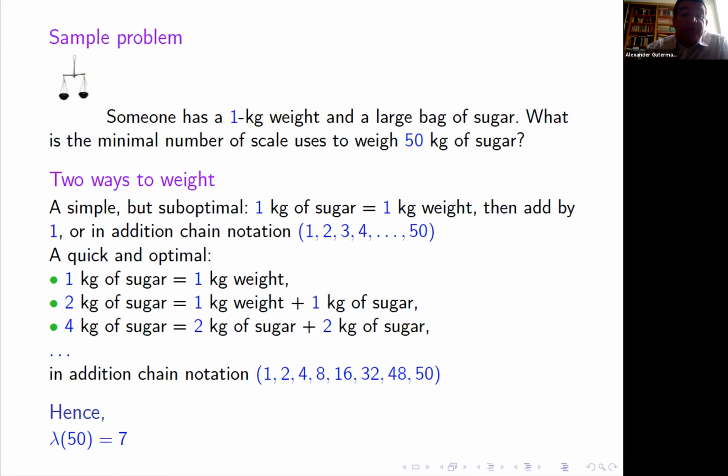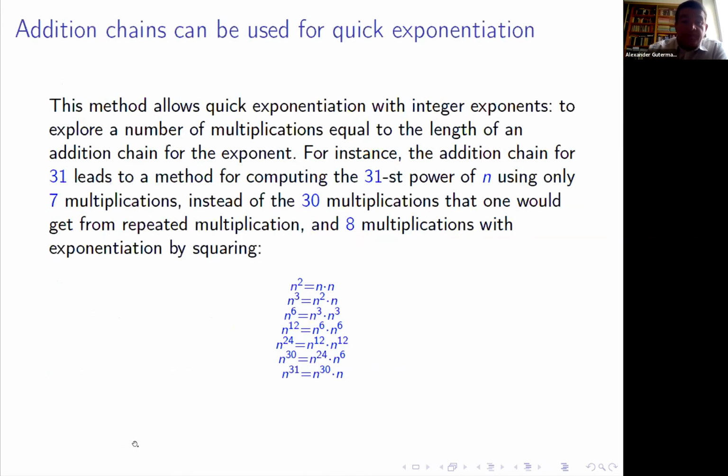It is much more optimal to go via an additive chain. After the first measurement, you have already achieved a 2 kilogram value. You could use this information, and all the previous information on the next steps, and finally arrive at quite an optimal technique for weighing.